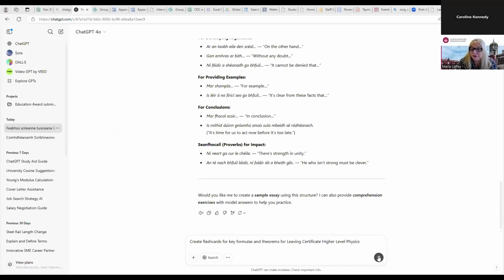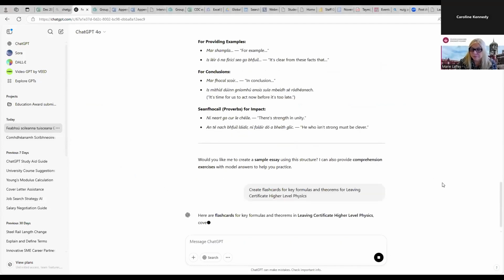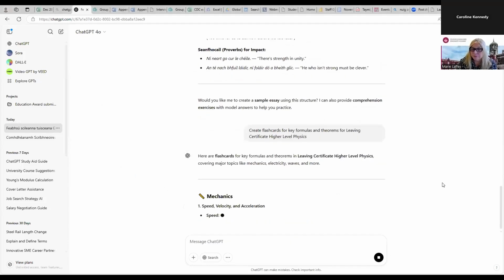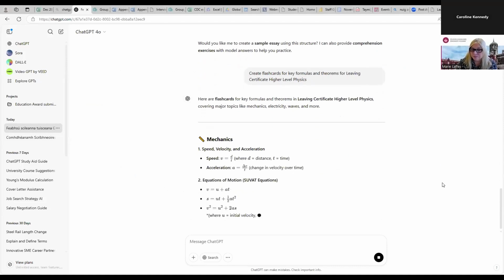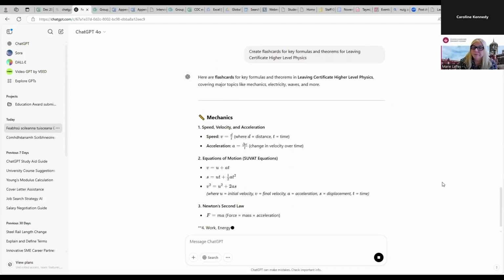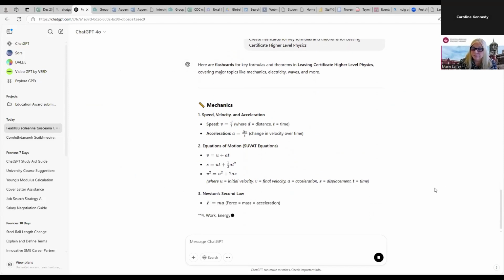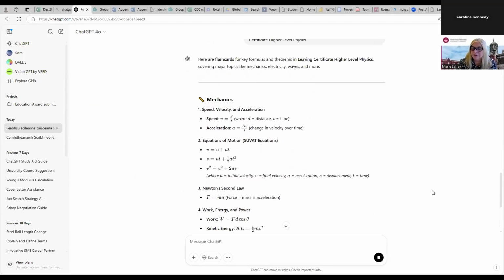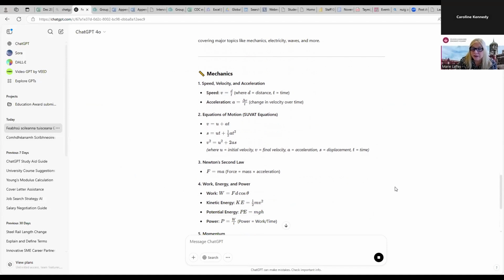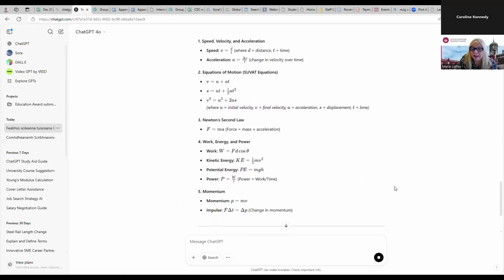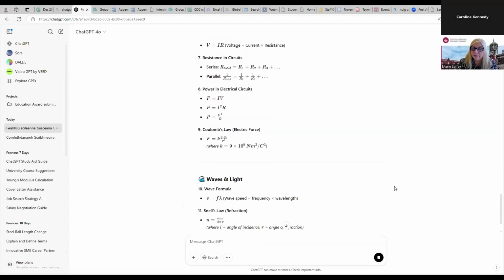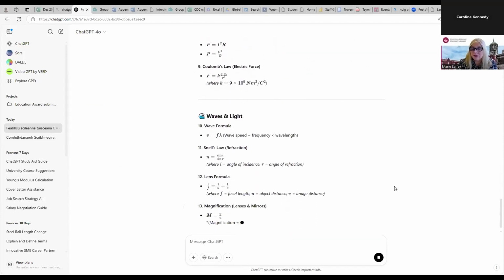So I wanted to create flashcards for me there. You can see it's looking at the key theorems and points that you need from a physics perspective, from mechanics to electricity to waves and light.